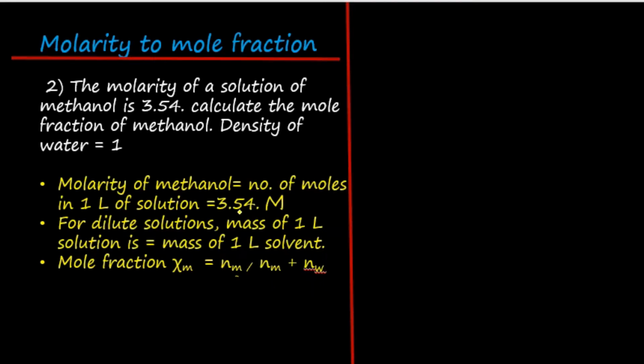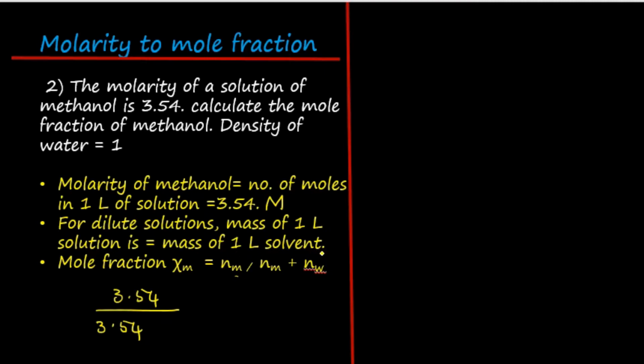Number of moles is given here as 3.54. So we can substitute 3.54 plus mass of 1 liter of solvent, which is equal to mass of 1 liter of solution.